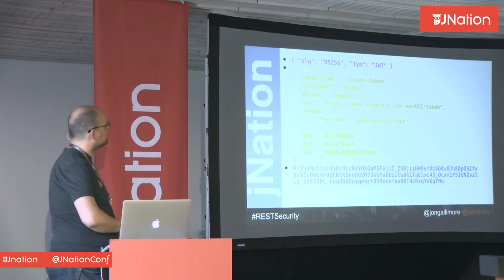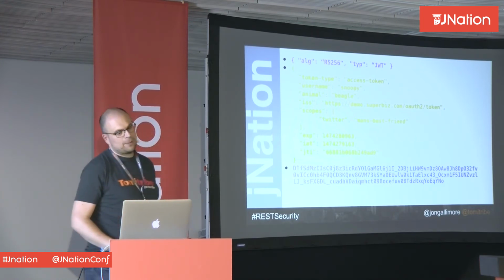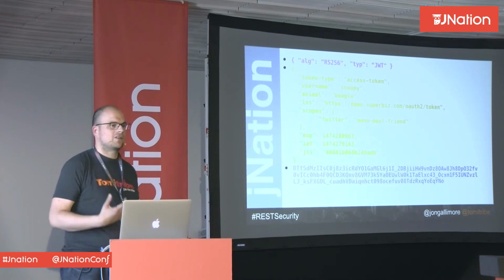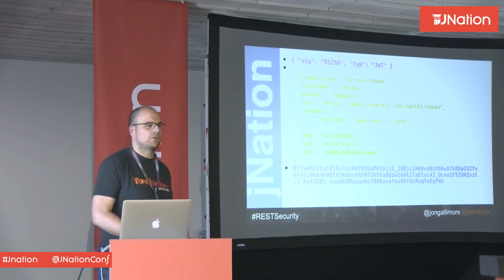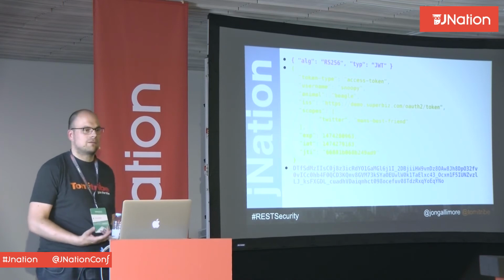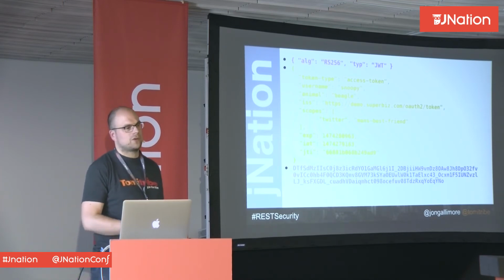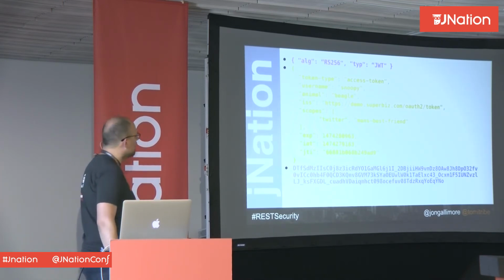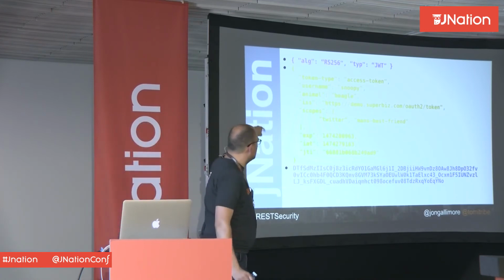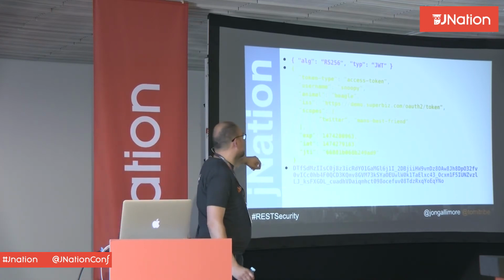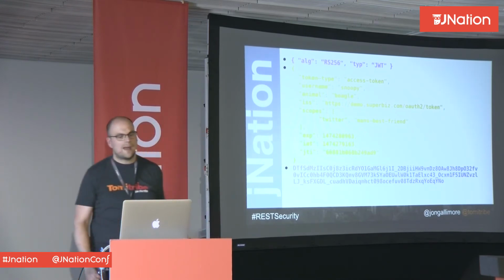The header at the top in purple is basically explaining how the token was assembled and what algorithm was used to sign it. And then the bulk of the content is in yellow in the middle. I hope you can see it okay at the back, but I'll read out what's there.